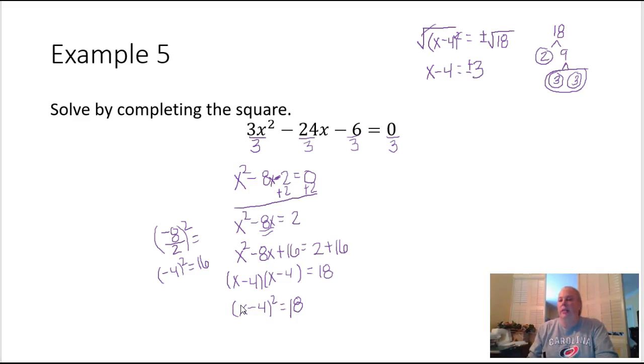And then this 2 has no partner, so it's going to stay underneath the radical sign like so. And finally, since I'm solving for x, I'm going to need to add this 4 over to the other side here. Now keep in mind, these are not like terms. So the solution to my equation looks like 4 plus or minus 3 times the square root of 2.